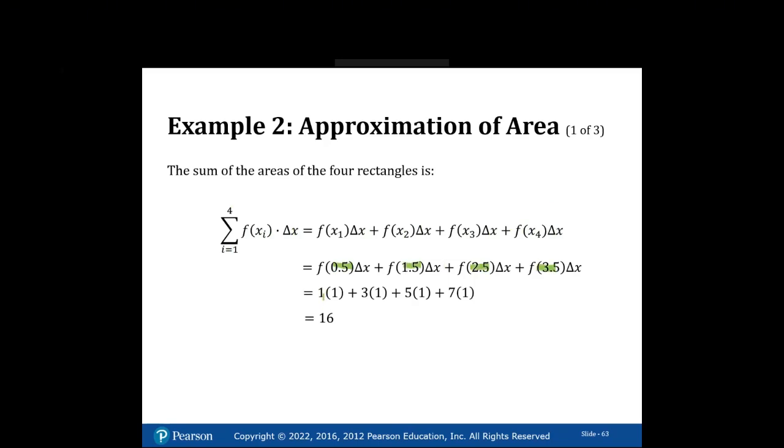Now I'm plugging in my values, and I solve. And it's 16. So this is what that summation notation really means. It means plug in 1, cool. Plug in 2, add it. Plug in 3, add it. Plug in 4, add it. All the way down. This tells you where to start. This tells you where to end.